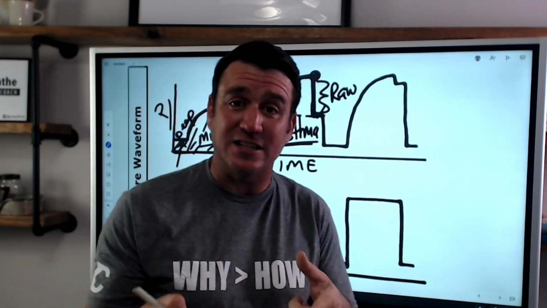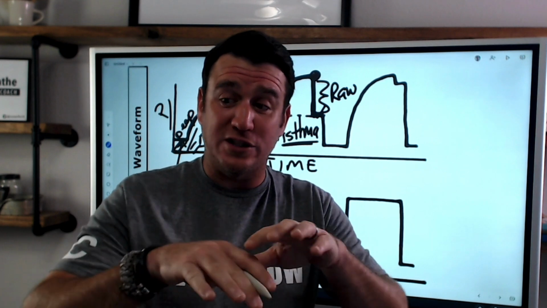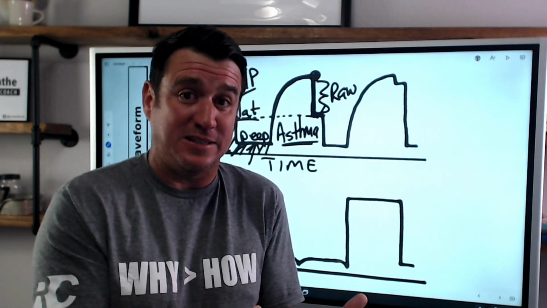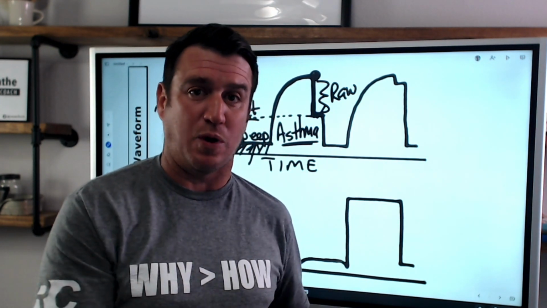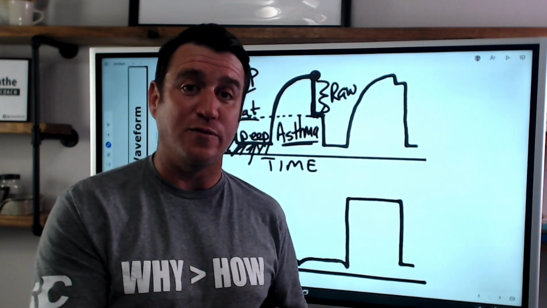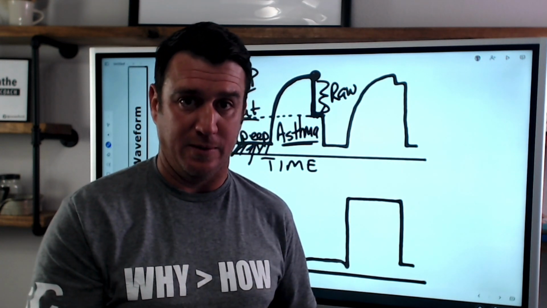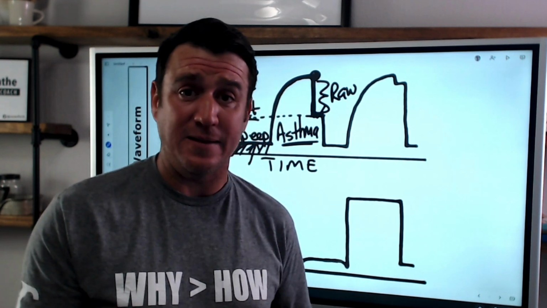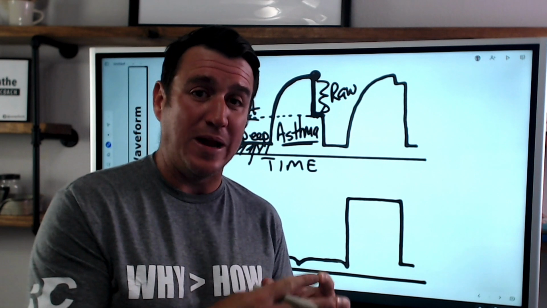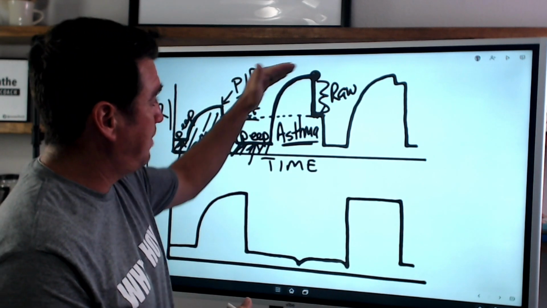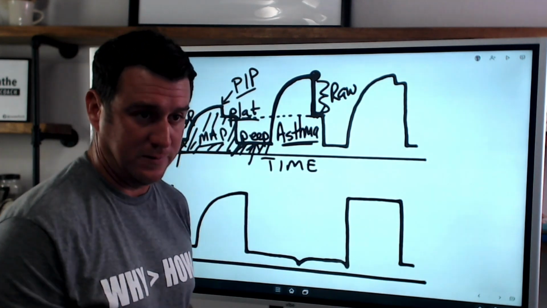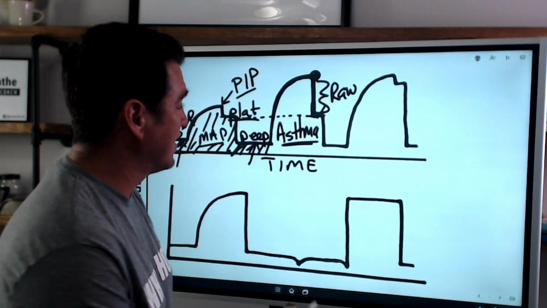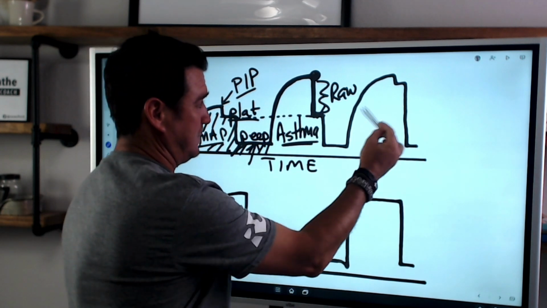And that's because asthma, on its basis, is an airway resistance problem. It is not an alveolar or a parenchymal problem. So your alveoli stay healthy, they stay compliant, but the airway resistance causes that PIP to go up higher. Now, let's look over here at this next example.